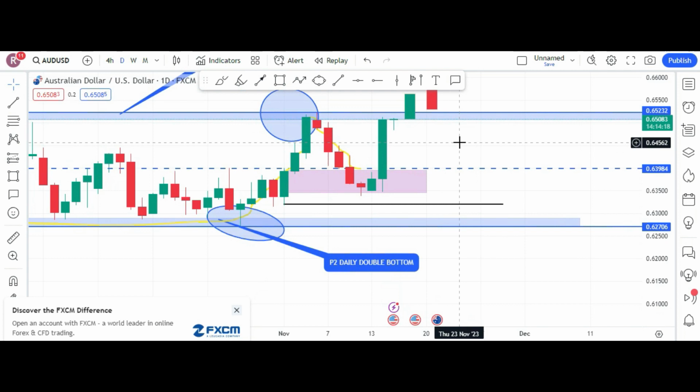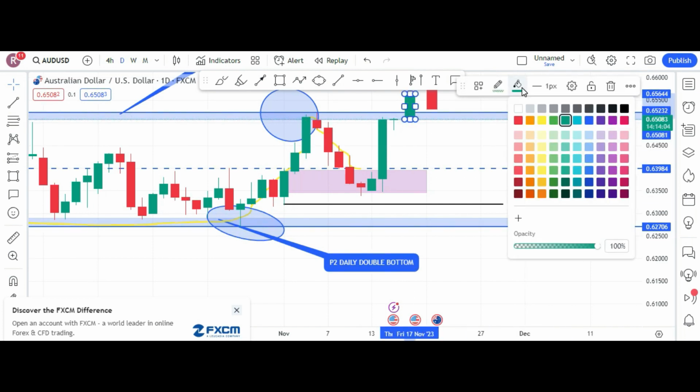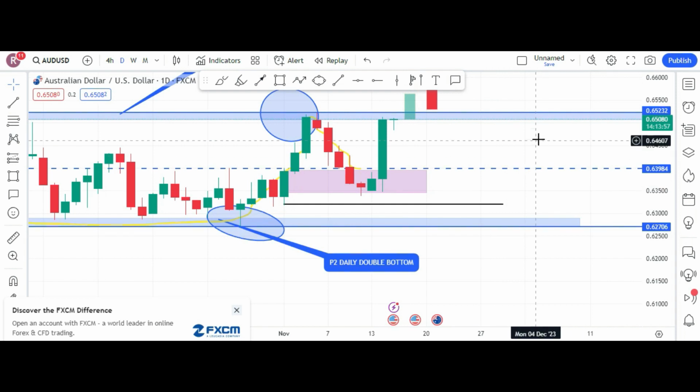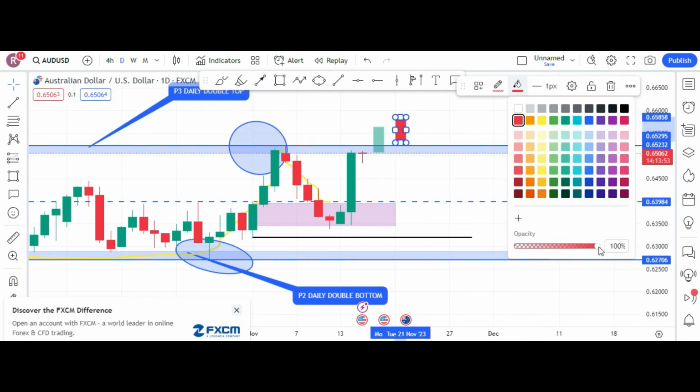On the downside, we can see that the market structure is very, very strong here. This is a very big momentum candle. Let me discolor this candle, otherwise people will think of the same candle I am drawing. Let's minimize it a little so we understand. Yes, this is green and this is red.